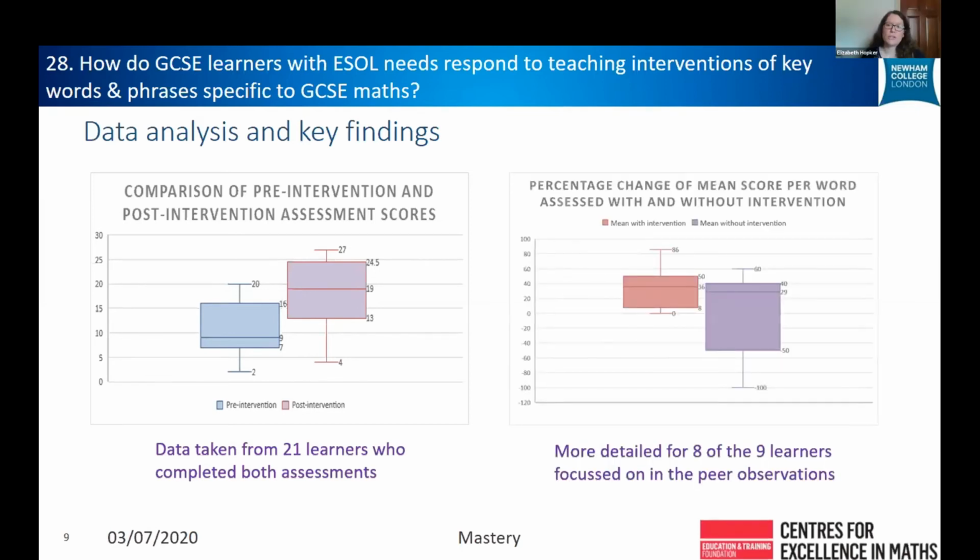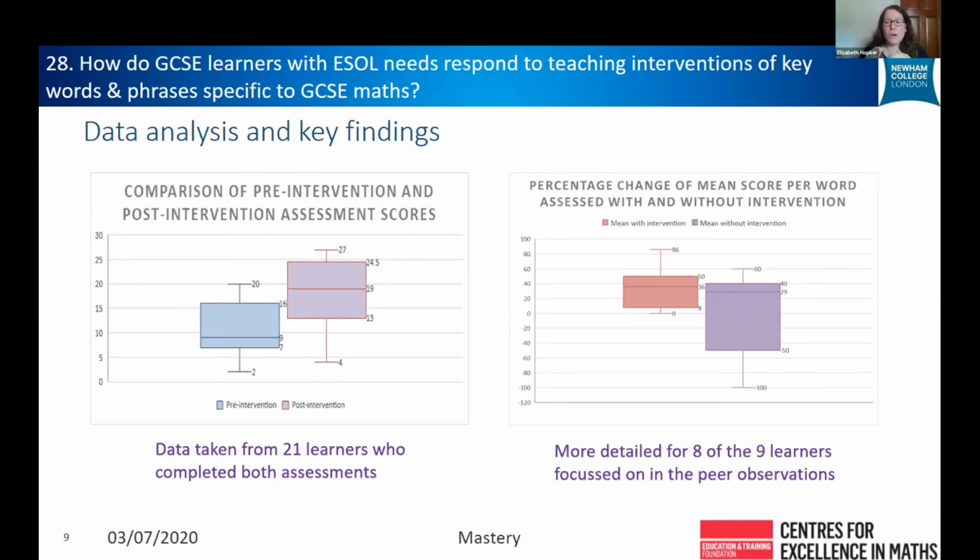And we then further looked into particular word-by-word interventions, because we were quite aware that for some words, some learners might really struggle, other words, they might struggle less, or they might be more confident, and we tracked the percentage change. So we tracked from where those learners started to where they ended up, according to whether they had the intervention or not. The pink one is the one on the intervention words, the purple one on the right here is the one without the intervention.